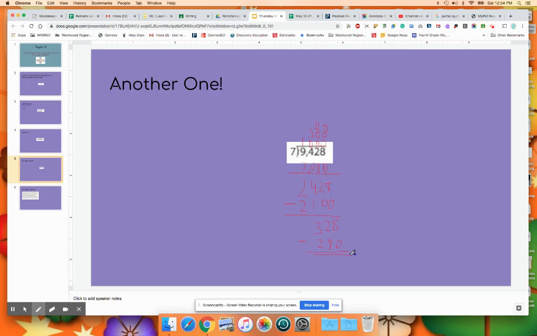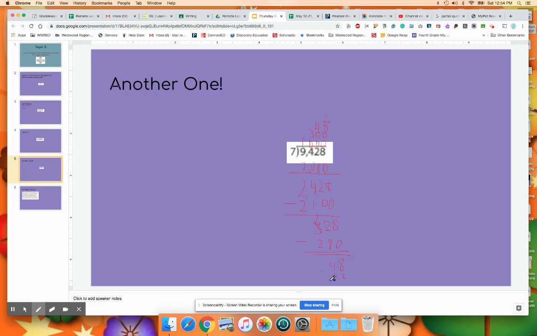Ooh, my line, there it is. Uh-oh, 8. I can't do 2 minus 8. And I'm running out of space, 48. 7 goes into 48. Well, I know 7 times 7 is 49, so it has to be 6, which is 42. I'm going to smush in here real tiny.